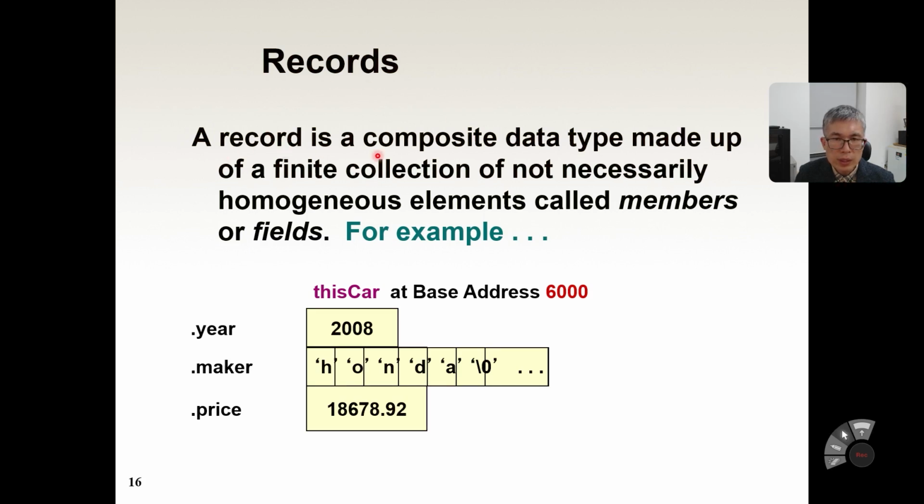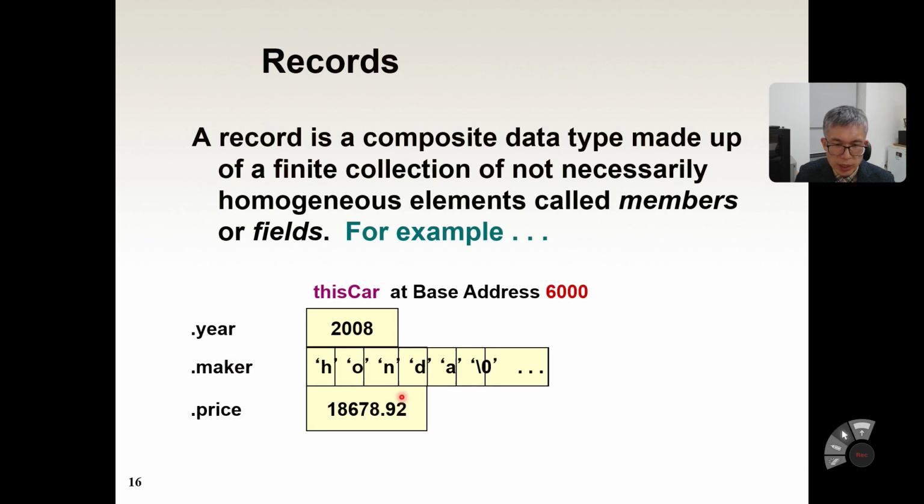A record is a composite data type made up of a finite collection of not necessarily homogeneous elements called members or fields. So records mean a struct or class in C++. In this car data type case, the base address is 6,000, and the fields, the members, are year, maker, and price of a car.